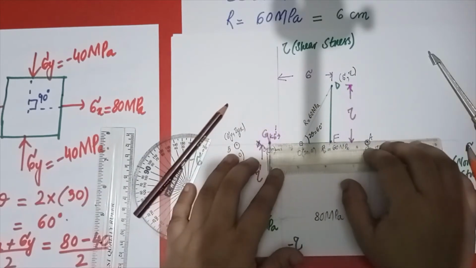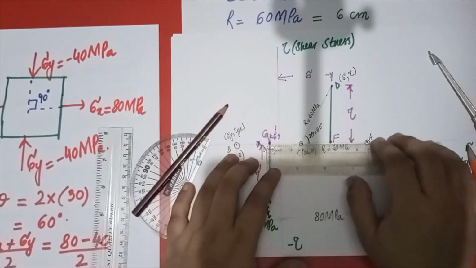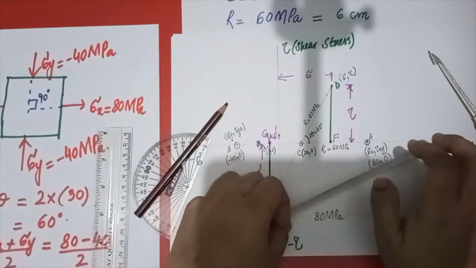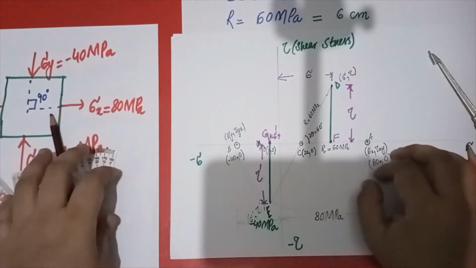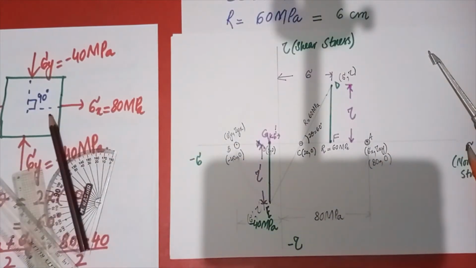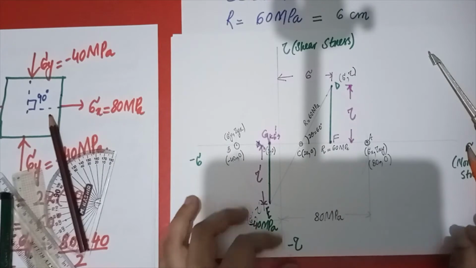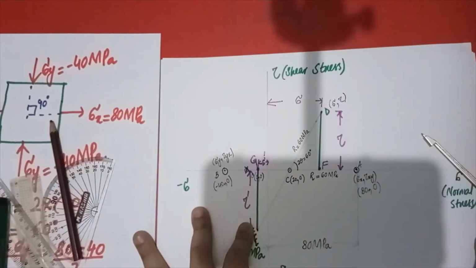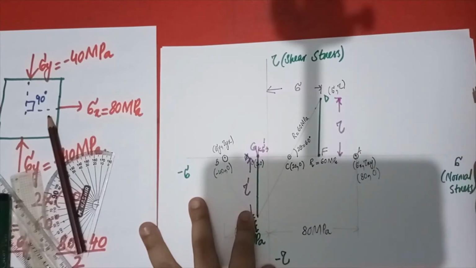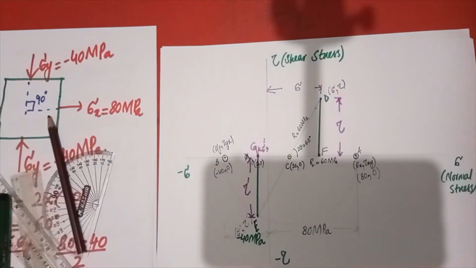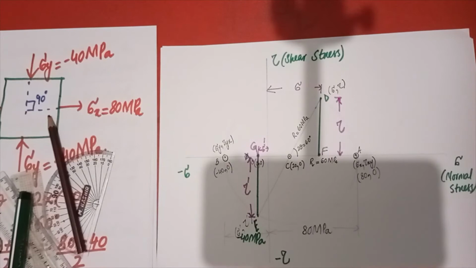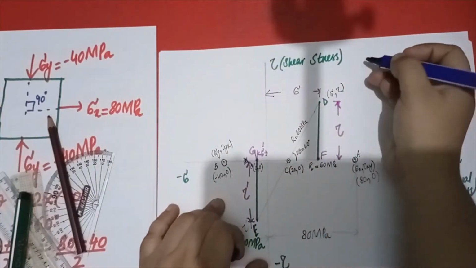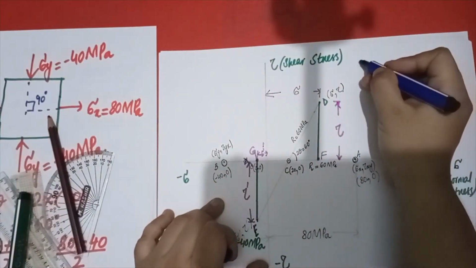So you can measure it as well. I am just trying to tell you how you can find it, and then you can verify it yourself by just scaling it. Just measure it and you can find out what exactly the distance is. I am going to do this measurement on this page because it will be clearer to all of you. So at the first step, you have to find out sigma.